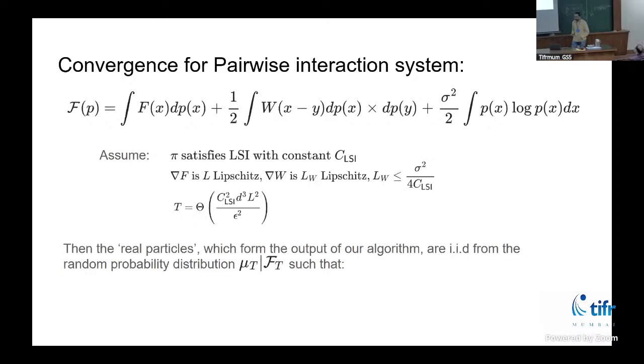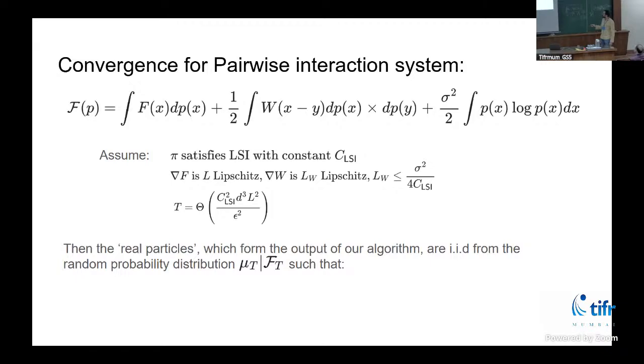Okay, so here is the theorem. Suppose pi satisfies the log-Sobolev inequality with constant C_LSI, grad f is L Lipschitz, grad W is L_W Lipschitz, and L_W is small enough. This is a standard assumption, meaning that the interaction is not too strong, repulsion is not too strong.